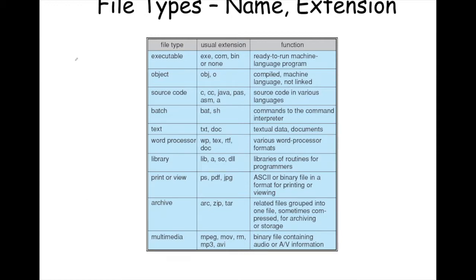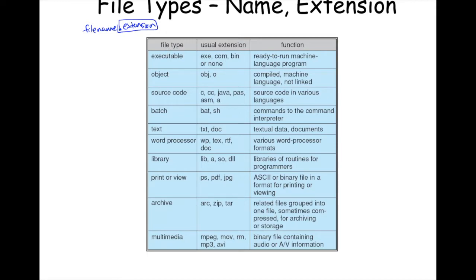A file typically has the file name in text, followed by a period or a dot, followed by an extension. That extension is typically a character string, a few characters, 3, 4, 5 characters. The form of that extension, that dot and some name, gives a hint about what that file is purposed for.